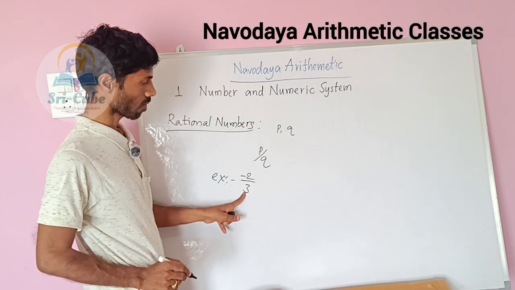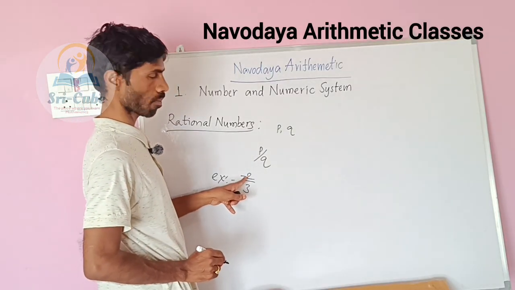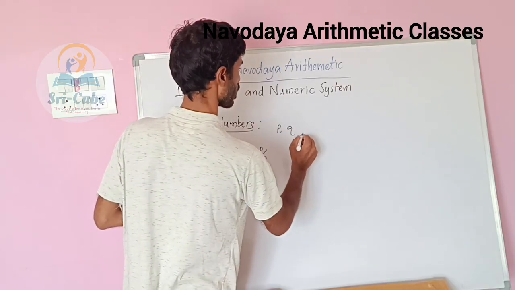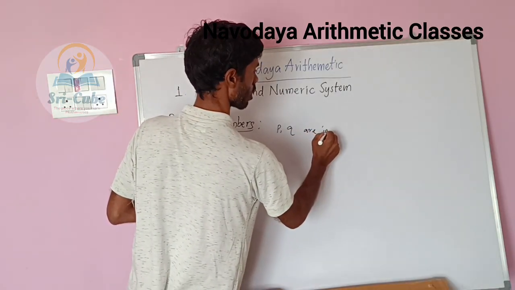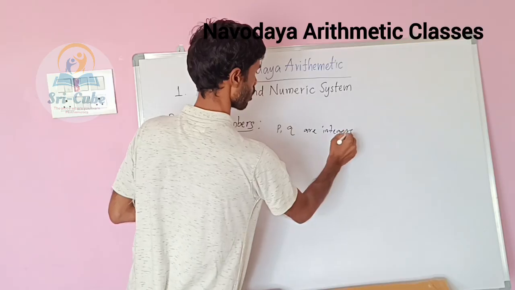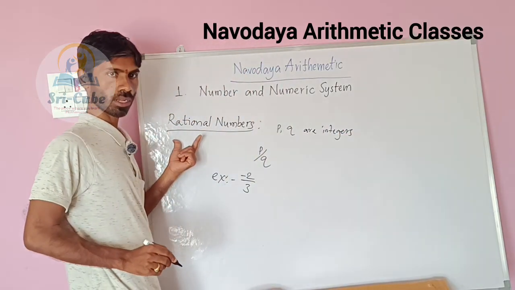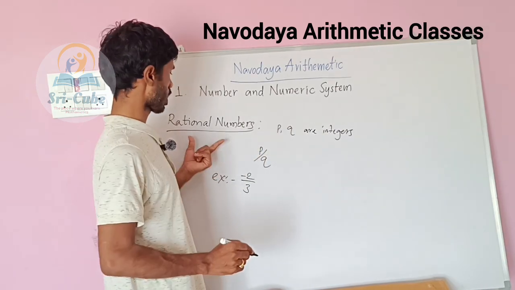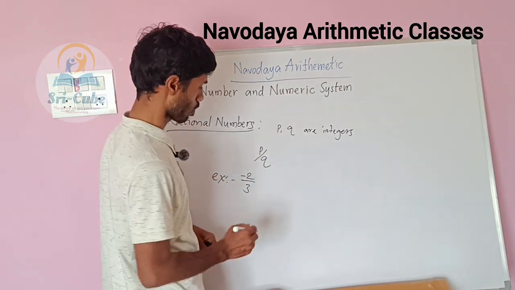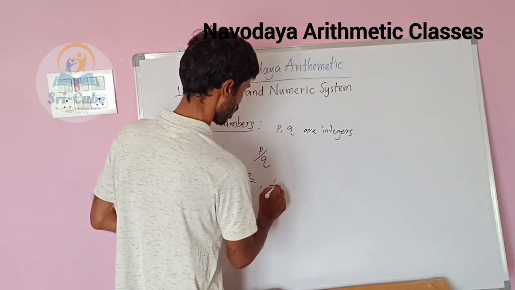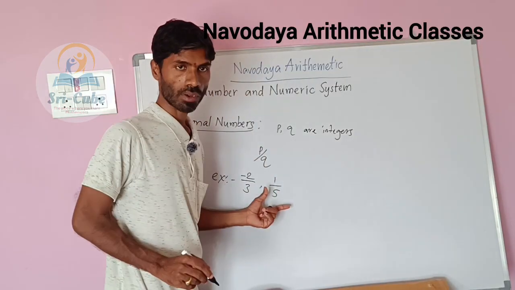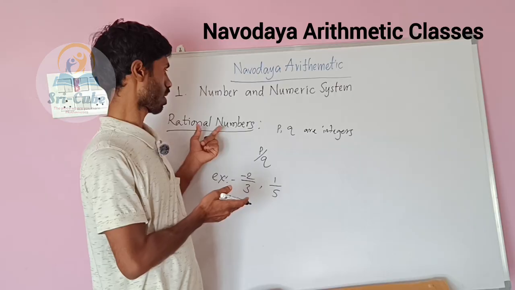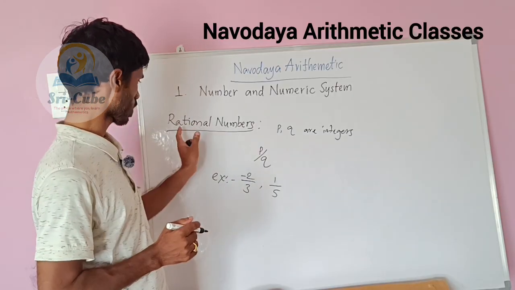Here q is not equal to 0 and p is -2. The numbers which are in the form of p by q are called rational numbers. For example, minus 2 by 3 or 1 by 5. These types of numbers are in the form of fractions.